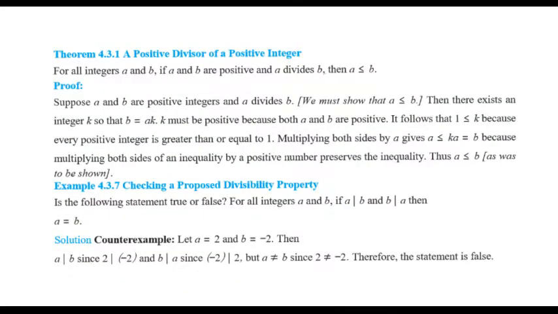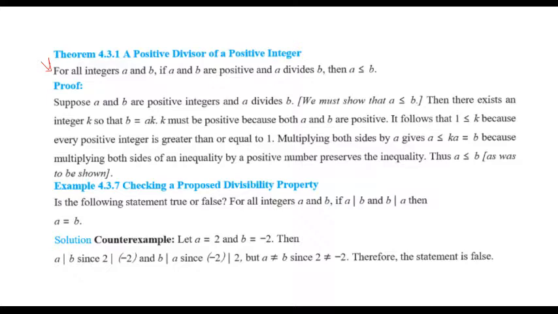Next, we prove theorem 4.3.1 of the book, which basically says for all integers a and b, if a and b are positive and a divides b, then a should be less than or equal to b.